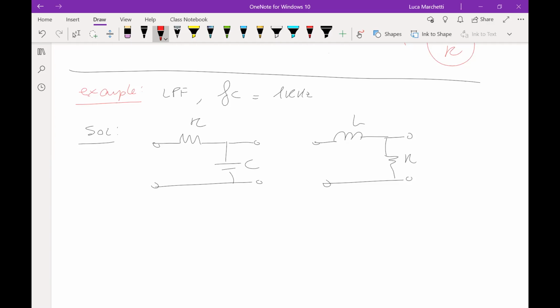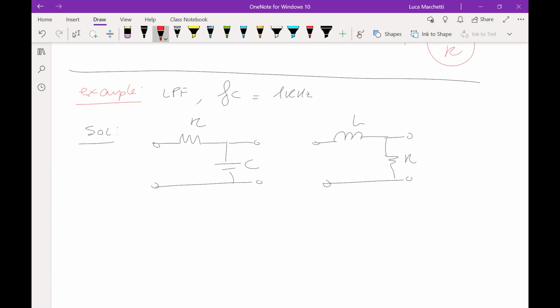Or in other words, we don't have a Q factor in the low pass filter RC and RL because we don't have a capacitor and inductance exchanging energy. We have only one reactive component. So for RC and LR, we cannot talk about Q factor. The Q factor is only for passband. But thank you for the feedback.